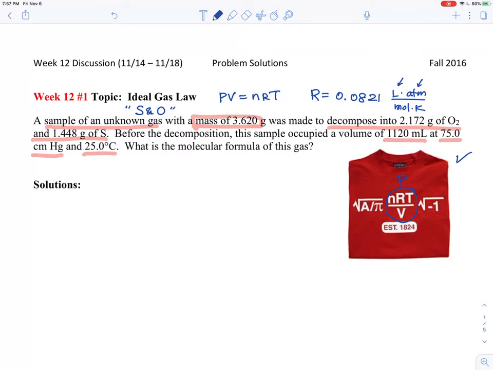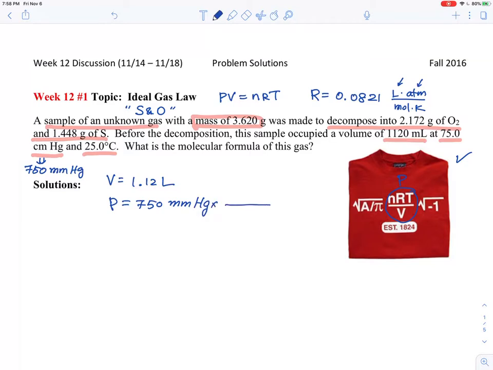So what do I have here? First of all, the volume is 1.12 liter. And what about the pressure? The pressure is 750 millimeter Hg, which is the same as torr.